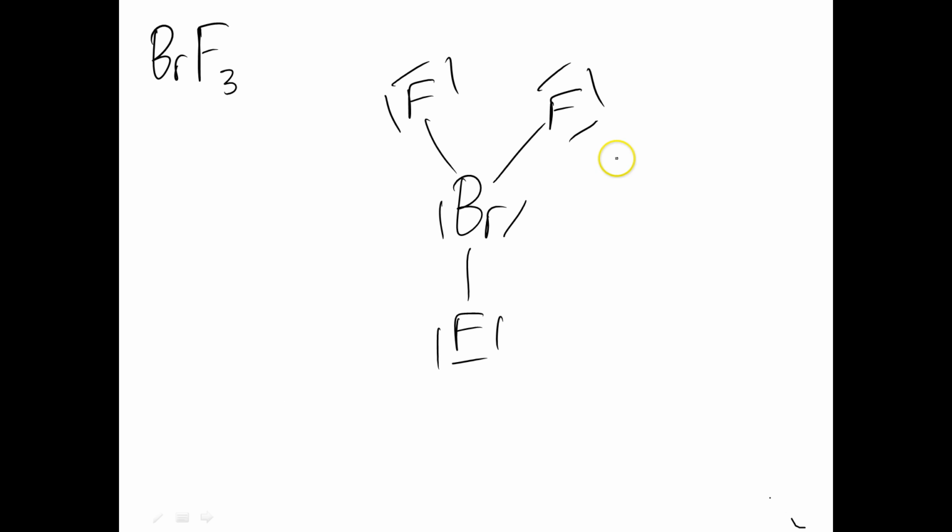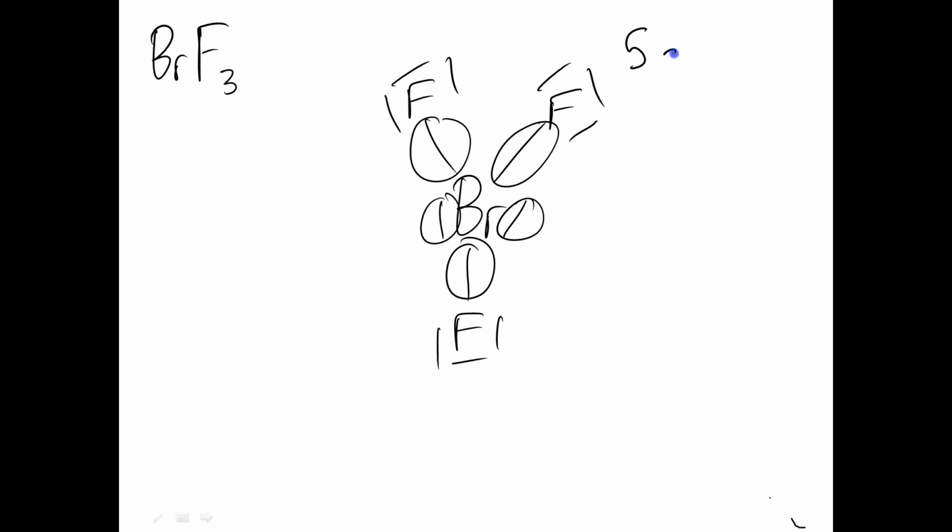So going back to our structure, we've got 1, 2, 3, 4, 5 total domains, with 5 domains around the Br. Let's make a note of that. 5 domains. That's going to make this a trigonal bipyramidal electron geometry.